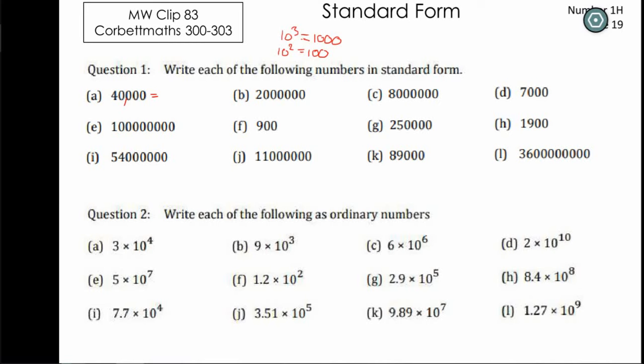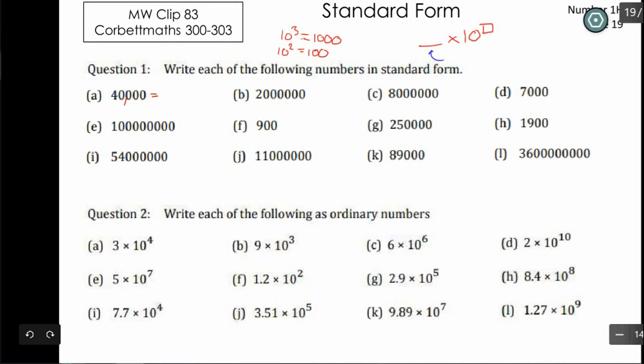Now the rules of standard form are that it should look like this. Some multiplier times 10 to the power of something else as a power. Okay, so the rules are that this multiplier needs to be between 1 and 10.